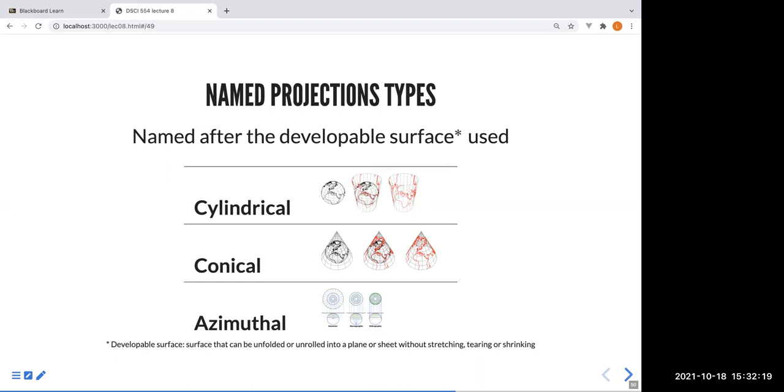So if you use a cylinder to do the projection, as shown here in the figure, then it's going to be called a cylindrical projection. If you use a cone, it's a conical projection. And if you use a plane, it's an azimuthal projection. All right?